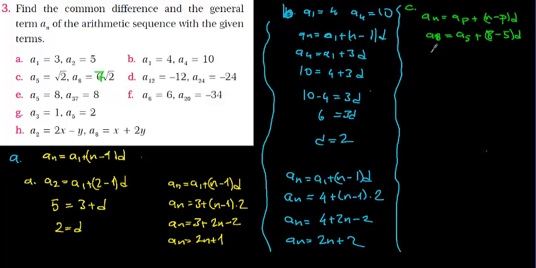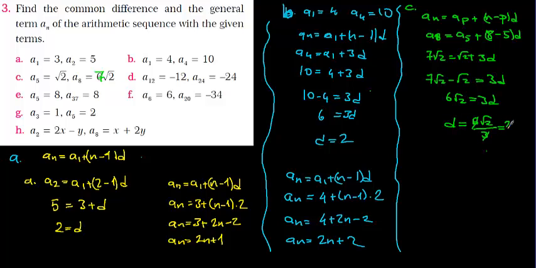So 7 root 2 is equal to root 2 plus 3d, and if you change the term here, it's going to be 7 root 2 minus root 2 is equal to 3d, and 6 root 2 is equal to 3d. d is equal to 6 root 2 over 3, which is equal to 2 root 2.